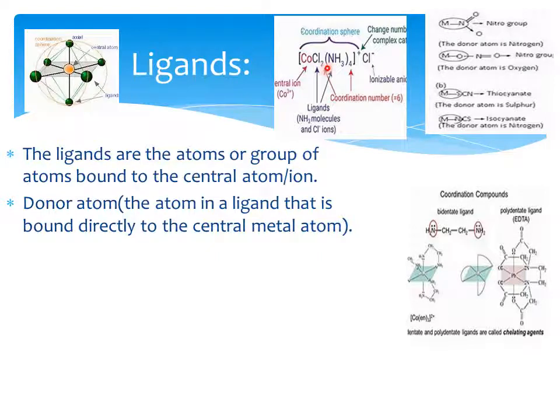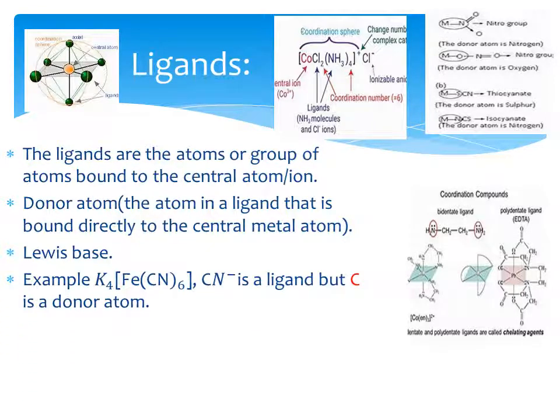It donates the electron pair to the central metal ion through a coordinate bond between the central metal ion and the ligand. As I said, the other name for the central metal ion is Lewis acid, and the ligands are called Lewis bases.